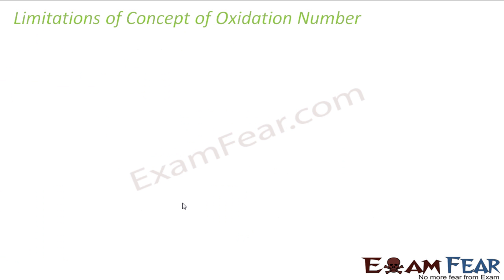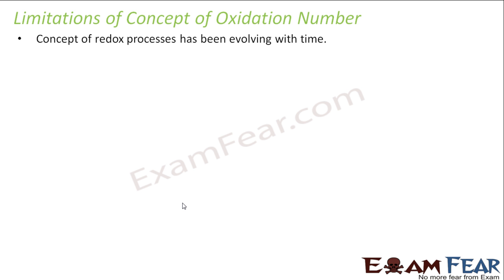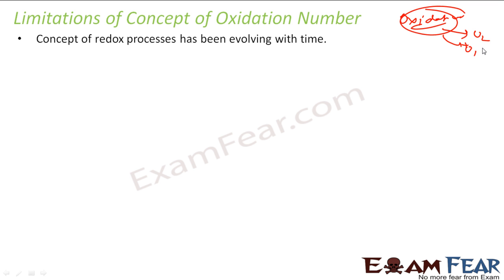Correct. But there are some limitations of the concept of oxidation number. And what is the limitation? The limitation is pretty easy, because we have seen that in the concept of redox reaction, the definition of oxidation itself is evolving, right? We talked about addition of oxygen, then addition of oxygen and removal of hydrogen.